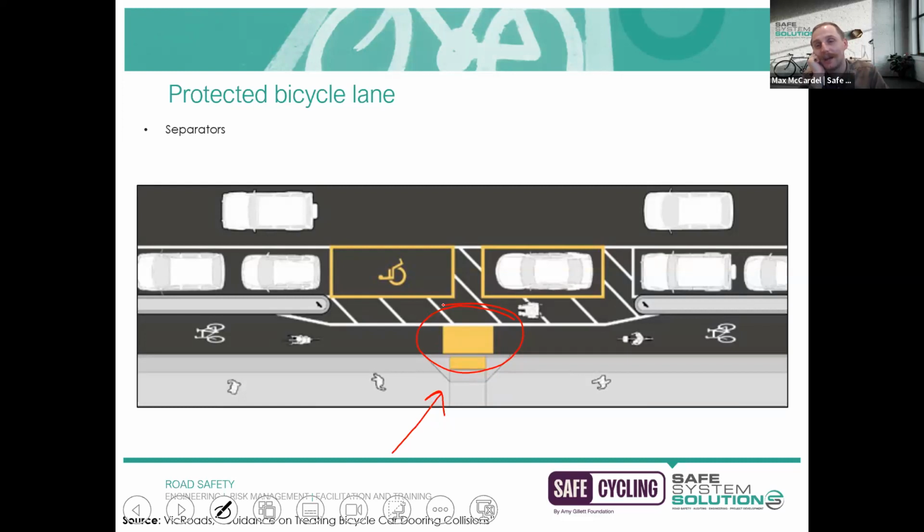I do see them as adding value, and I wouldn't be one to say uniformly, no, we shouldn't do them, because we've seen these fail in certain instances. If you were having an entire section where every single park bay is being driven over and the wheel stop is being completely ignored, then perhaps that specific product is not fit for purpose, but I wouldn't be solely against the use of them.